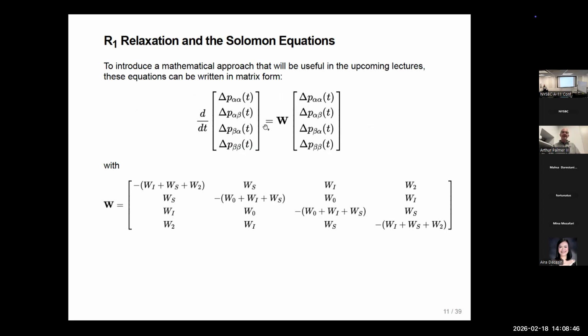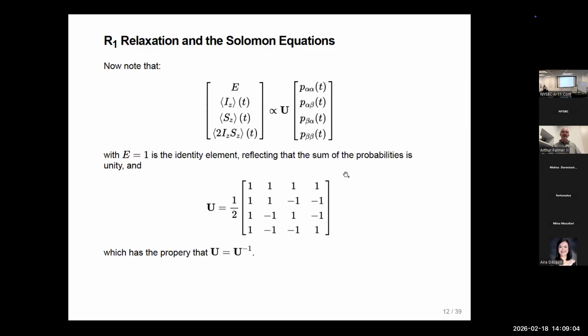So it's convenient to write this as a matrix to begin with, rather than writing 4 separate equations. And as we go forward in relaxation theory, it'll be lots of matrices. And then I want to turn these into the identity operator, IZ, SZ, and there must be a fourth, right?